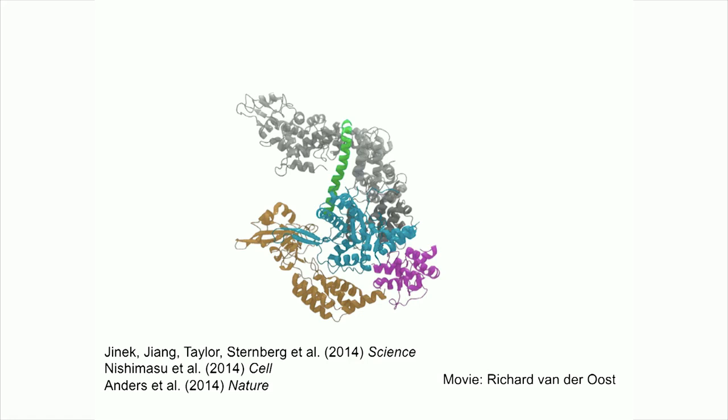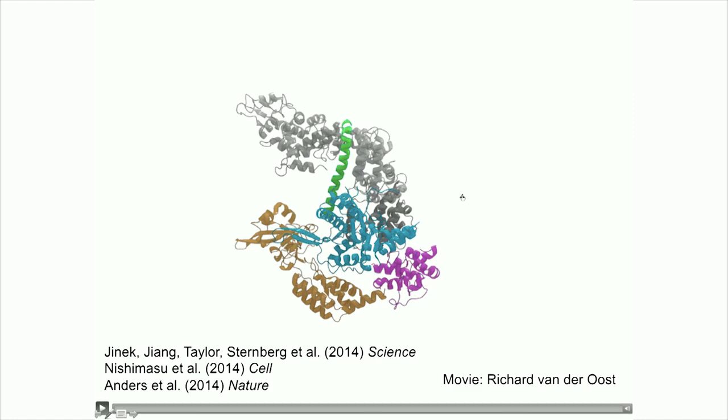And so I'm going to show you first a movie that morphs between two different structural states of this protein. First, starting off here, is the protein alone. So this is the Streptococcus pyogenes Cas9 protein without any nucleic acid bound to it. And then we'll morph to the structure bound to a guide RNA and a single-stranded DNA target, okay?